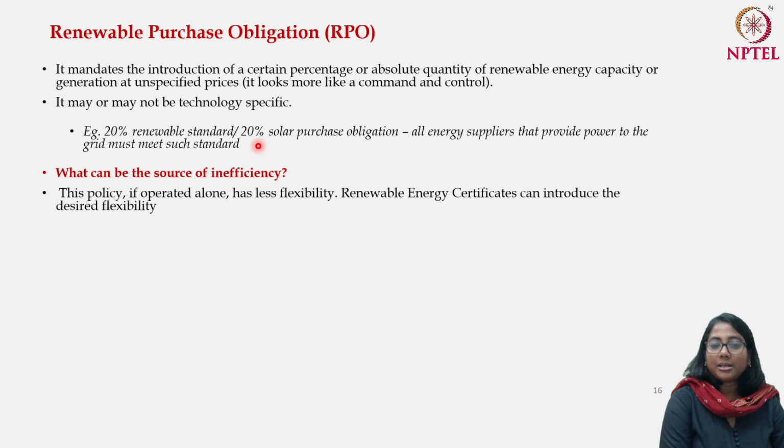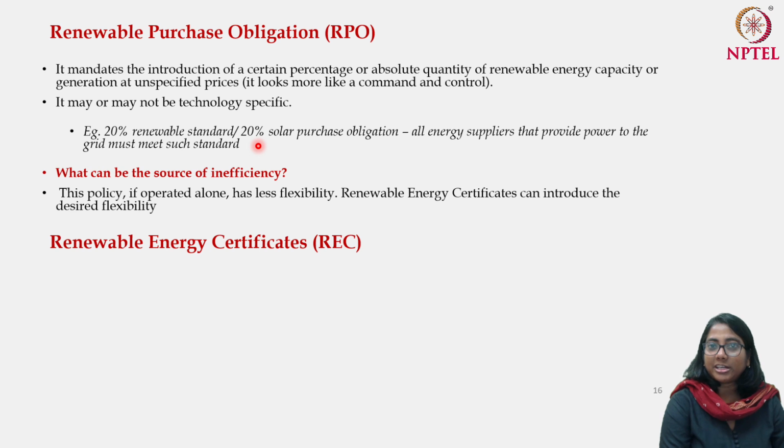The source of the inefficiency is that this policy, if operated alone, has less flexibility, and the renewable energy certificate is the complementary instrument implemented along with the RPO to get rid of this kind of inflexibility of the system.